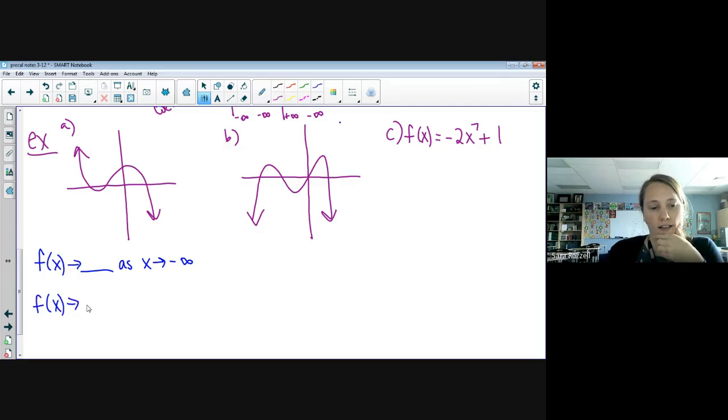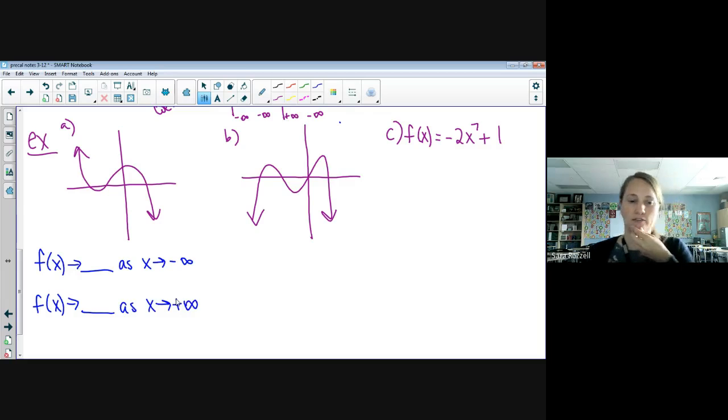And f of x goes to something as x goes to positive infinity. The only thing that's going to change are the 2 things in these spaces. Everything else is just the format that you'll write every single time. So we have to decipher what this actually means.